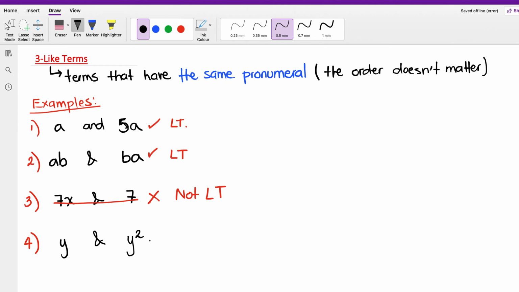So in other words, this is the same as if I had y times y, agree? So how many y's do I actually have in the second term? I have 2 y's, and here I only have 1. So they are not like terms. Okay, let's look at another one.